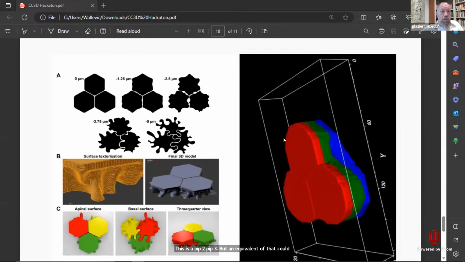A lateral inhibition Turing type mechanism, where there are regions of the surface that have something that causes protrusion, and they inhibit protrusion in neighboring regions. So short range activation, long range inhibition could also do it. But you are going to have to decide which of those mechanisms you're going to use.